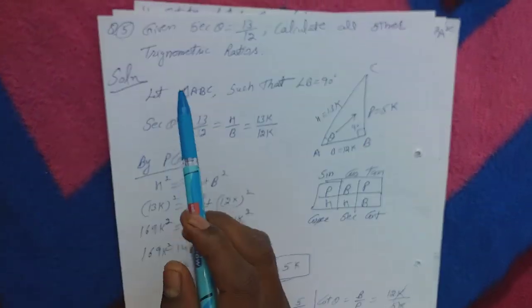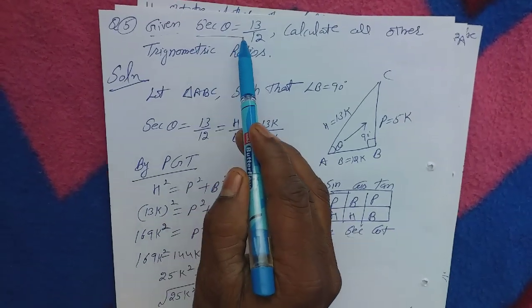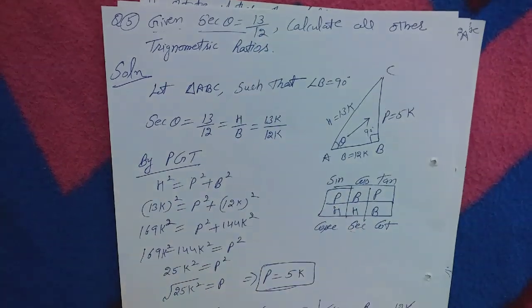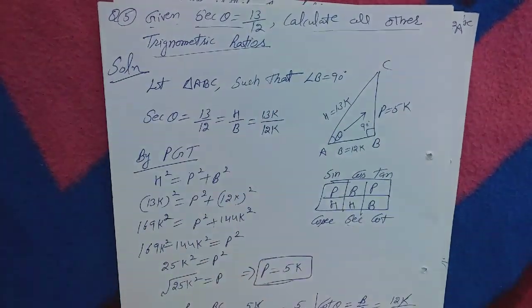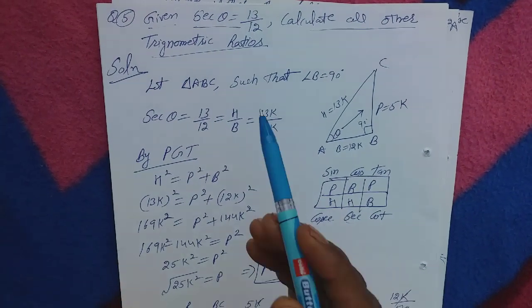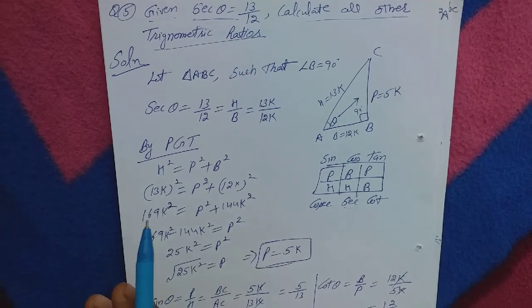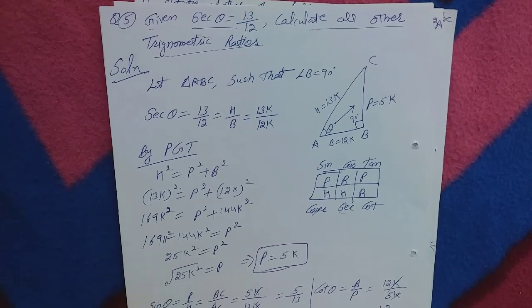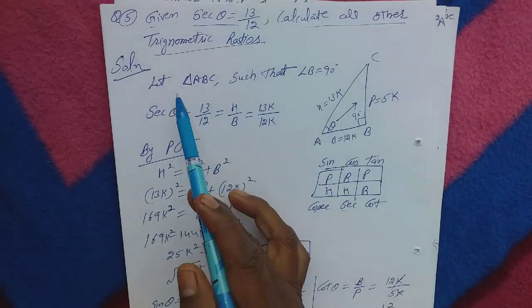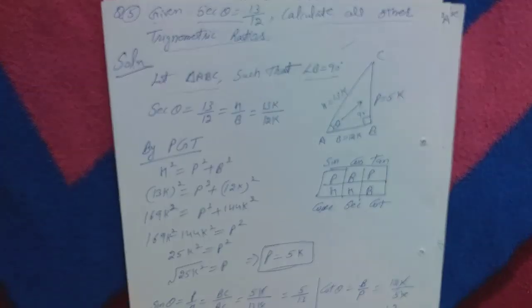Again we will read the statement. Given secant theta 13 by 12, calculate all other trigonometric ratios. So the question is given in trigonometric form. We know if sine, cos, tan, anything is given, then the triangle will be a right angle. So let triangle ABC be such that angle B is 90 degrees.